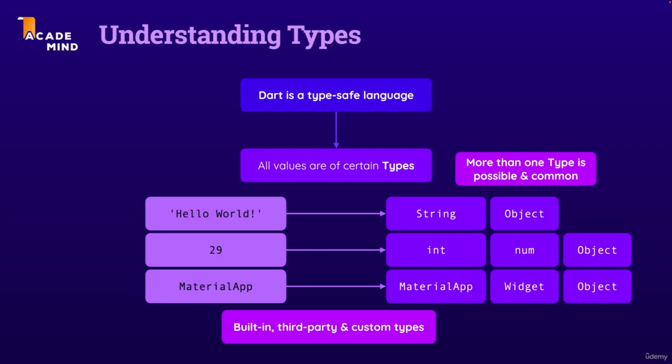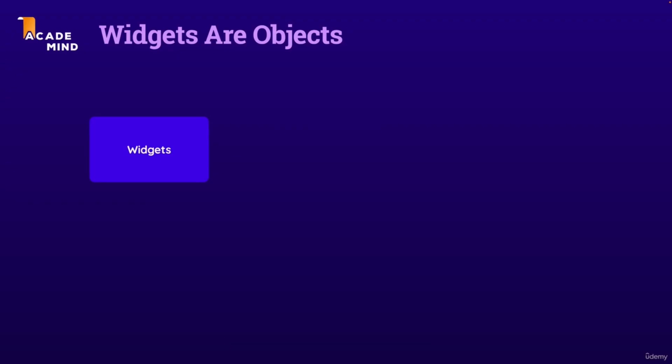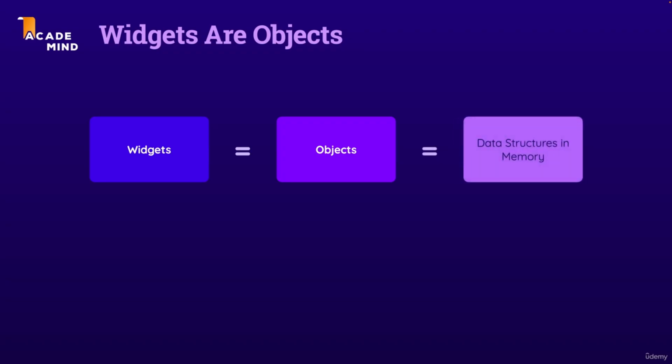And what this in the end is, like all values, as you learned before, is an object. Widgets in Flutter are also just objects in the end. They are objects, and objects are the base value in Dart. All other values are also objects in the end, and objects are simply data structures in memory. So that's simply how Dart saves your values in memory on the device on which your application is running.